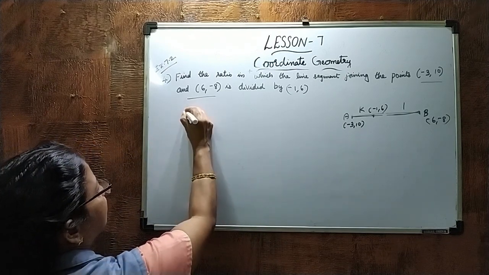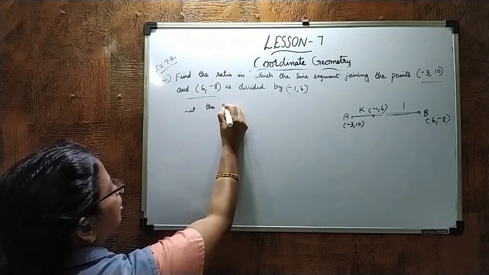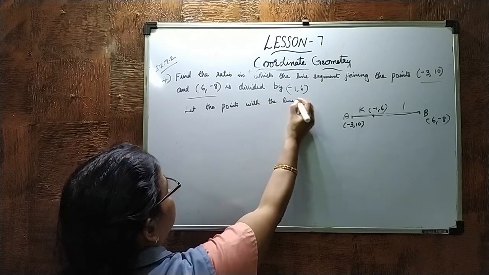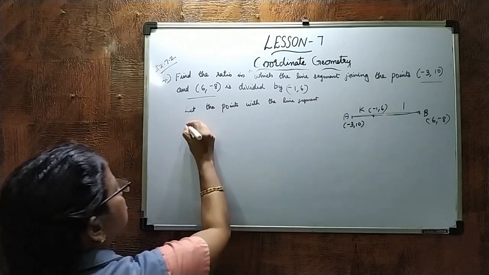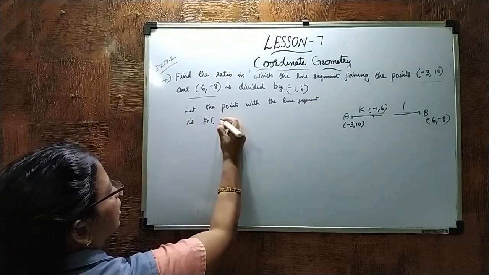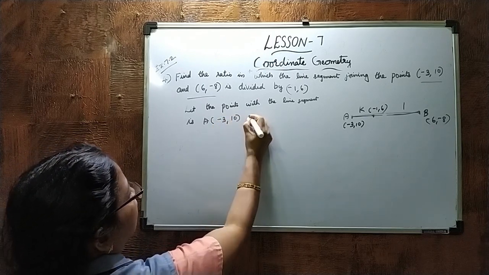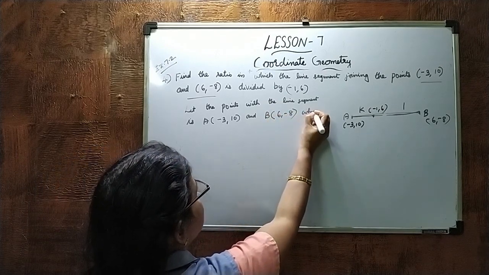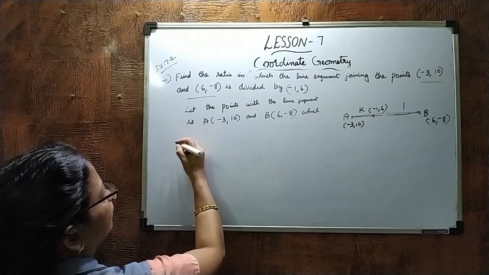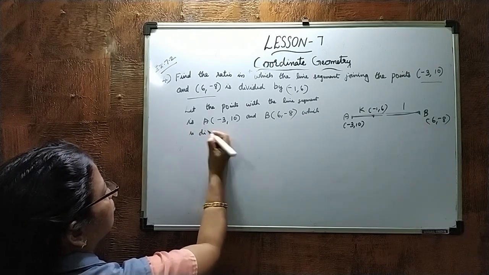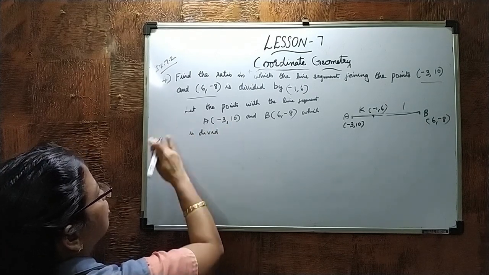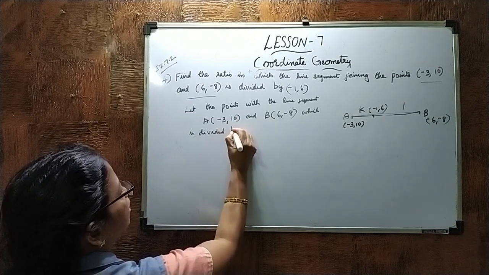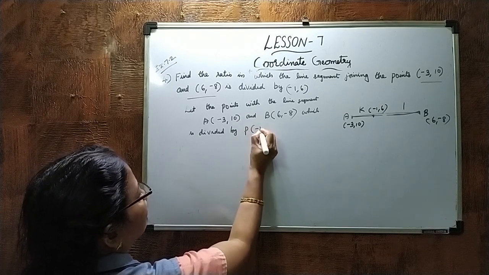First one, let the line segment with points A negative 3, 10 and B 6, negative 8 be divided by P, negative 1, 6.